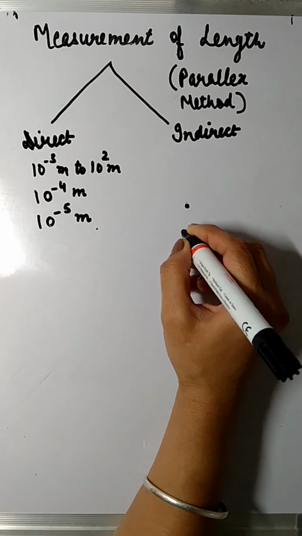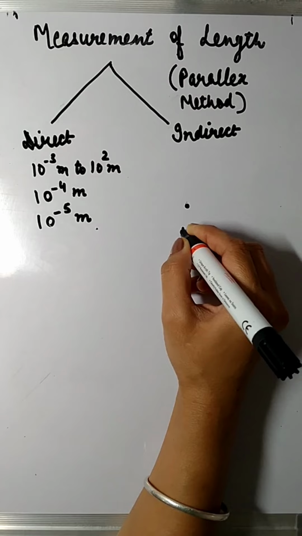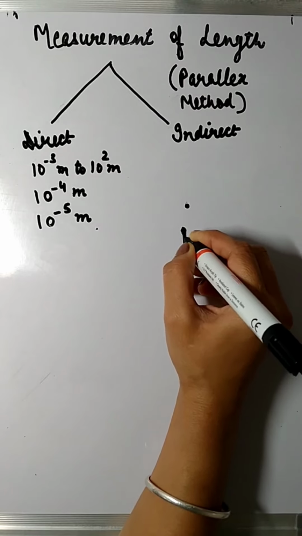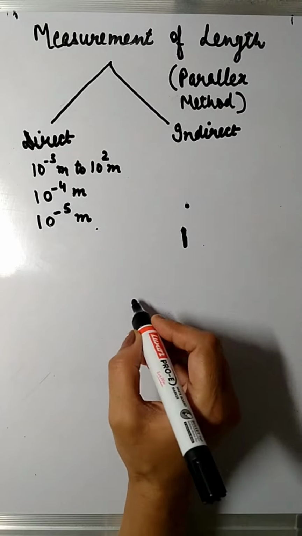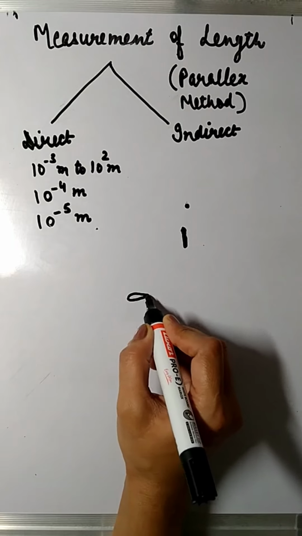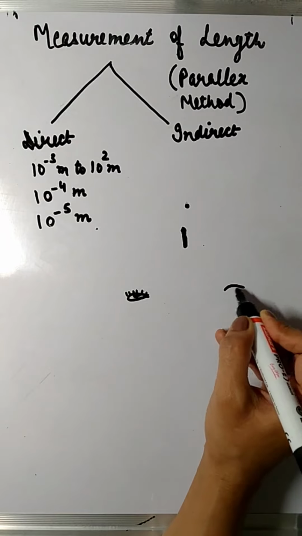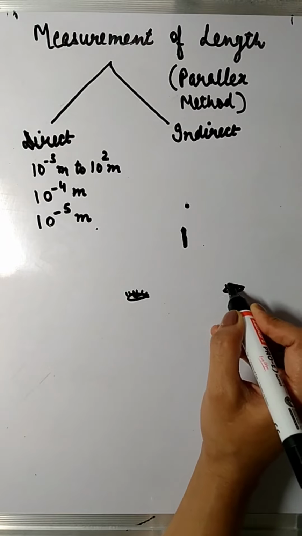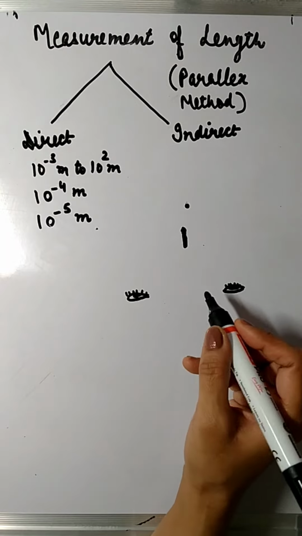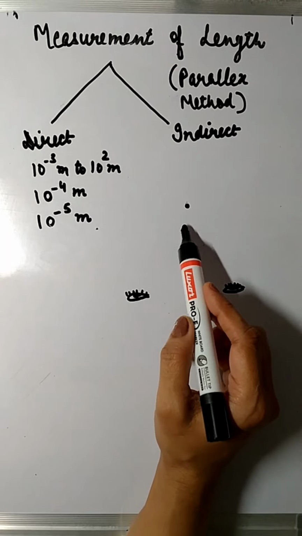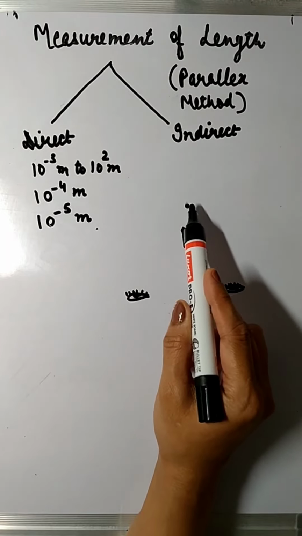For example, suppose this is a pencil you are holding. And these are your eyes. So when you have both the eyes open, you look at the pencil, you will see it here with reference to this point.